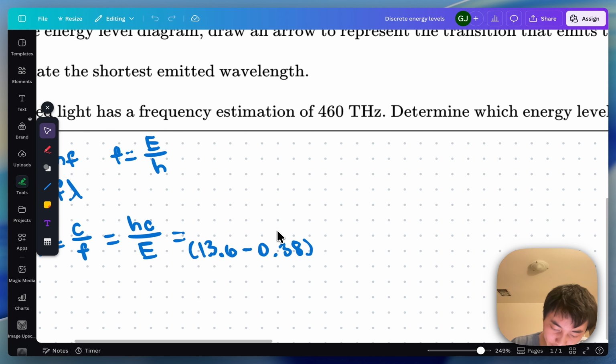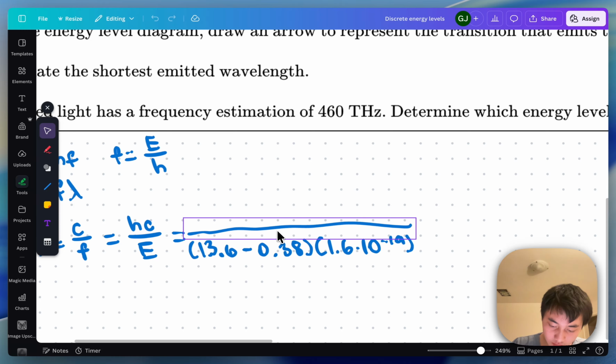To get in joules, we need to multiply it by the magnitude of the elementary charge. h is Planck's constant, which is 6.63 times 10 to the negative 34. Speed of light is 3 times 10 to the 8. This should be the final calculation.